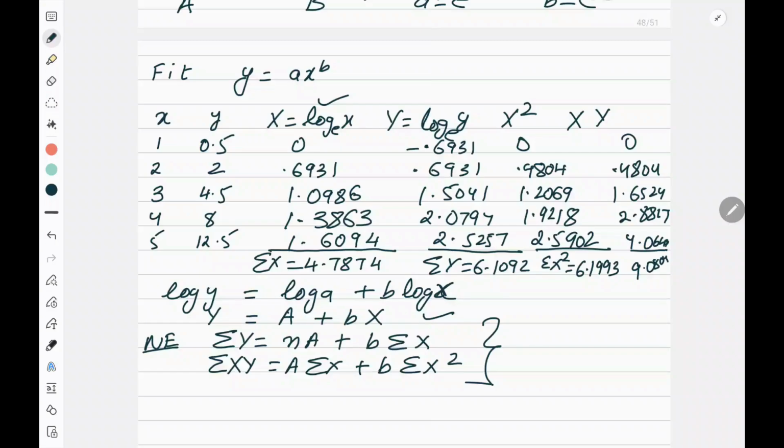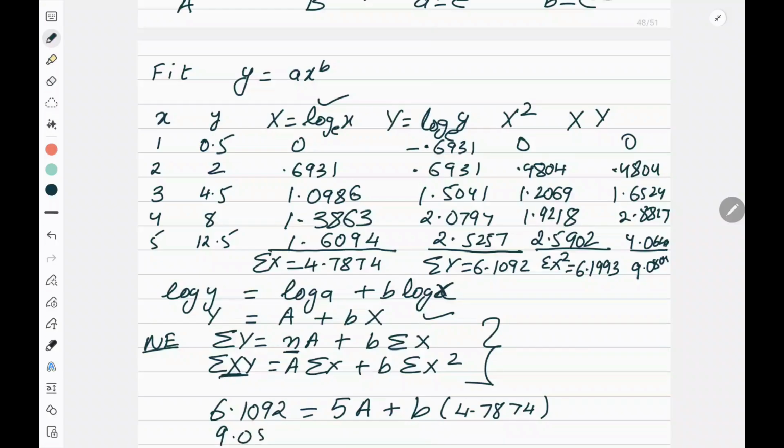Correct. Now all the summation values you put in the normal equation. What is the value of summation y? It is 6.1092 is equal to n, the number of values, 1, 2, 3, 4, 5. So 5a plus b, what is summation x? 4.7874. Now second equation is summation xy.